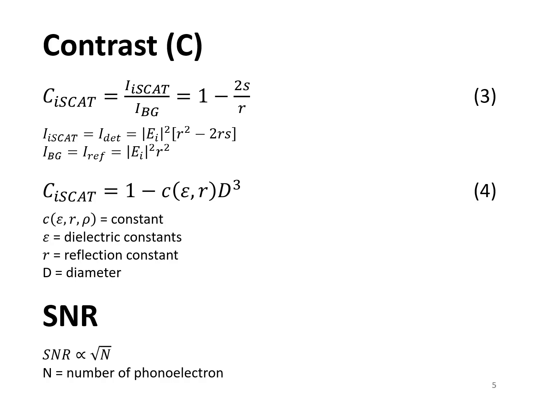SNR is proportional to the square root of n, where n represents the photoelectron number. This indicates that continuously increasing the laser intensity will continuously raise the SNR. At this point, the camera's full well capacity will limit the upper bound of the SNR.